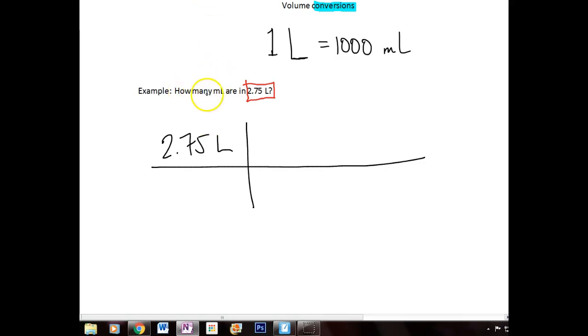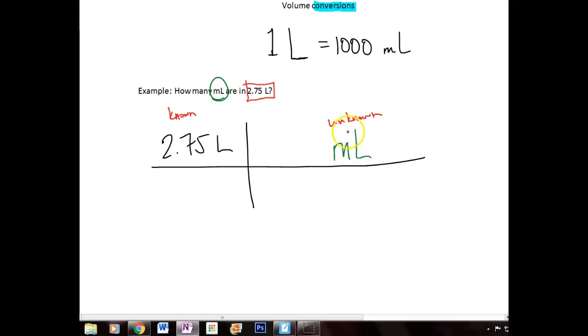It says how many milliliters, so I'm looking for milliliters. I'll place milliliters right here on the upper right-hand side. Just a real quick thing that's going to help us so much: we're always going to put our known value here, and we're always going to put our unknown value there.